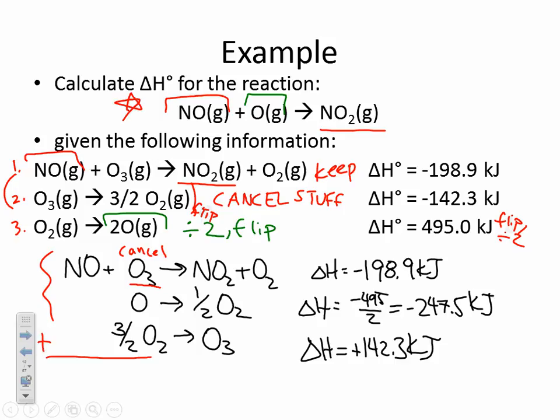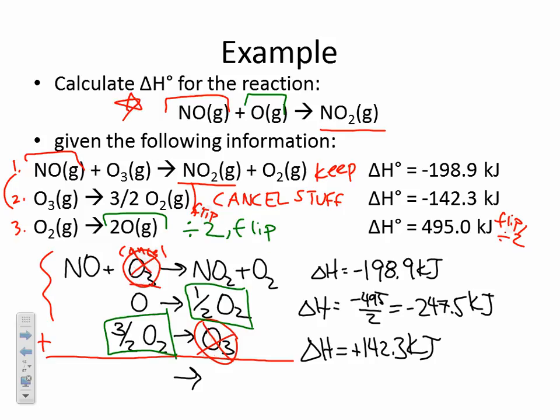Now we can add the reactions together. Keep everything on the left, keep everything on the right. Anything that cancels out, again, here's that O3. The O3 is going to go away. It's on both sides of the arrow. Also canceling out, notice that we have O2 on the left here and on the right here.